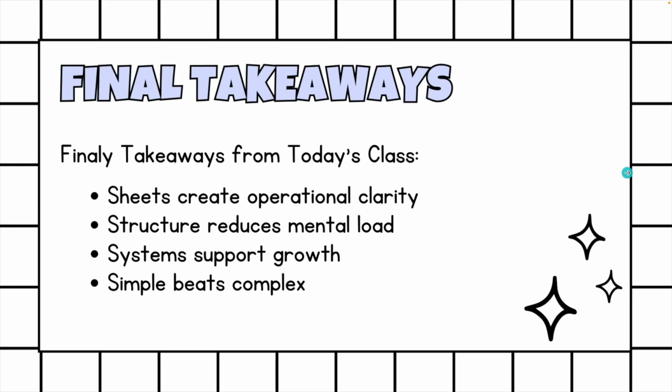I'd say this, some final takeaways from today's class. Remember, Canva becomes exceptionally powerful when you structure your projects well. So think of it as building a strong foundation for your creativity to flourish. Second, systems are your best friends. They will reduce stress by creating a consistent workflow. By having a clear process, you free up mental energy to focus on creativity and innovation.